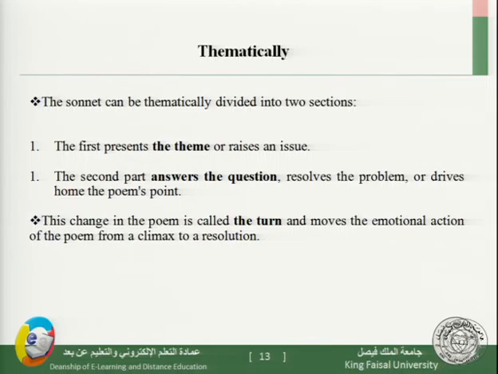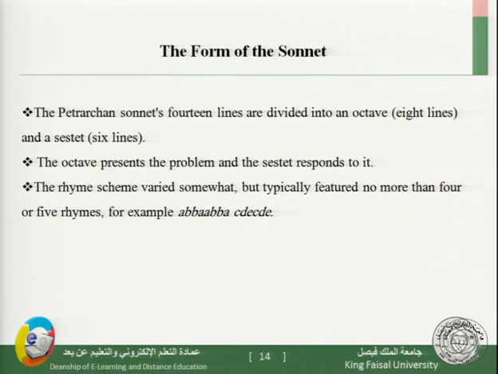The second part answers the question, resolves the problem, or drives home the point of the poem. This change in the poem is called the turn. It is this transition, from presenting the question to providing an answer, that moves the emotional action of the poem from the climax to a resolution.